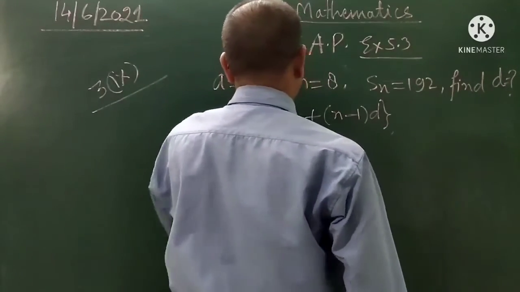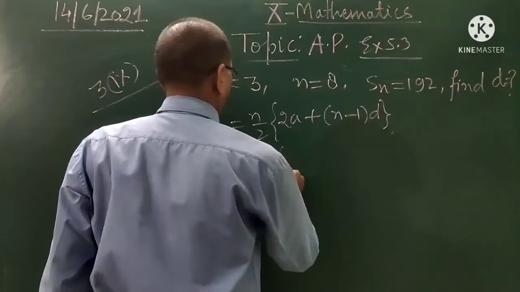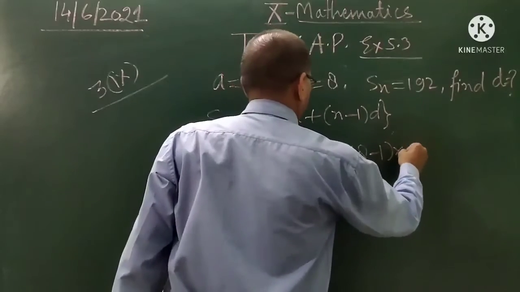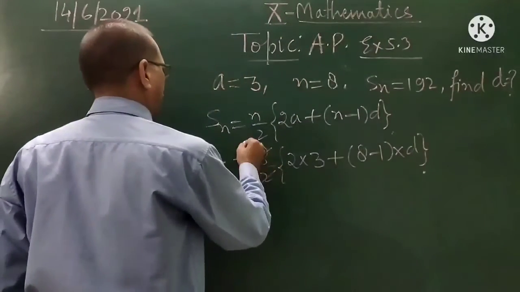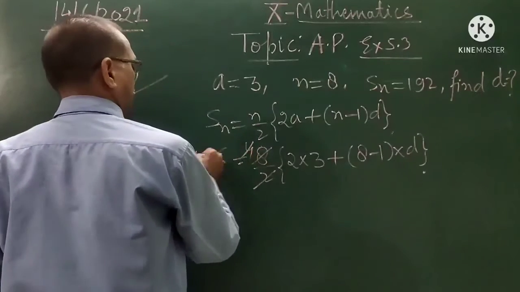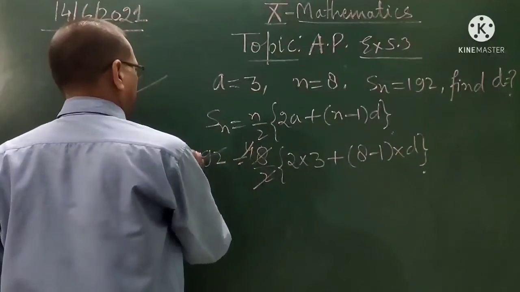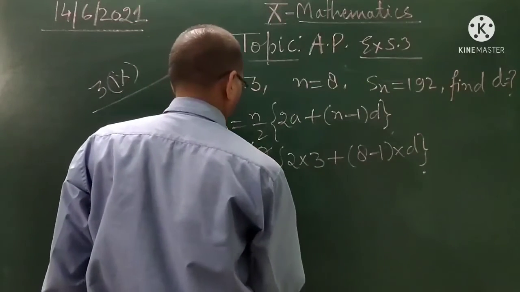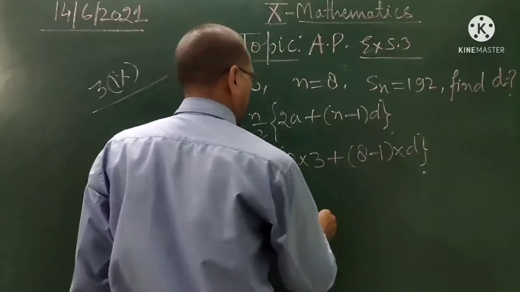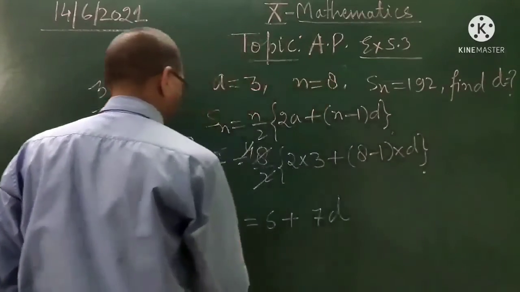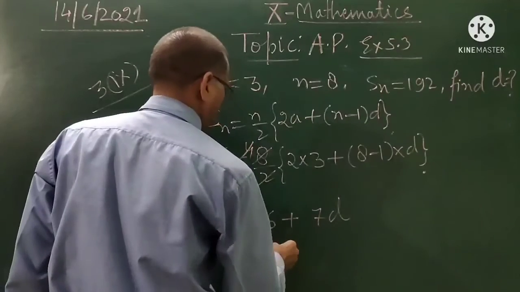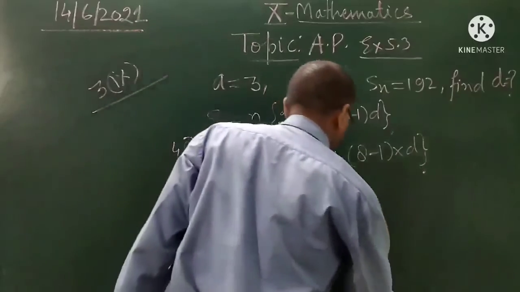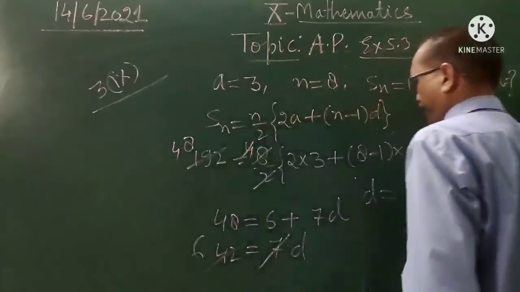N is given 8, so 8 upon 2 into 2 into 3 plus 8 minus 1 into d. 2 4 is 8, 4 4 is 16, 4 8 is 32. 192 by 4 is 48 equal to 6 plus 7d. Then 42 equal to 7d. Therefore d equal to 6.